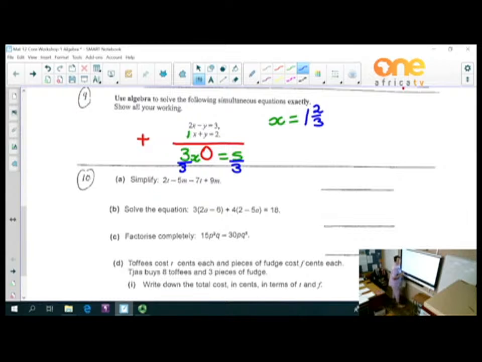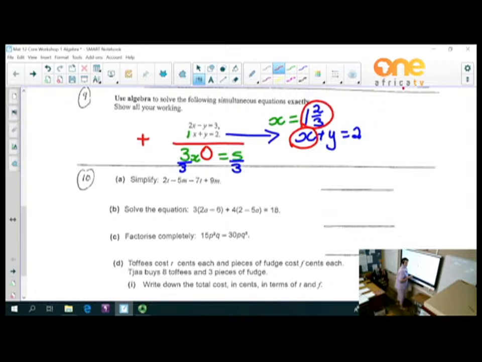And now I have to find y. So I substitute back in one of these equations. It doesn't matter which one you're taking, you must get the same answer. Now I'm going to use this one here. So I'm going to substitute now. This is x plus y is equal to 2. So I'm substituting now in x's place this value.